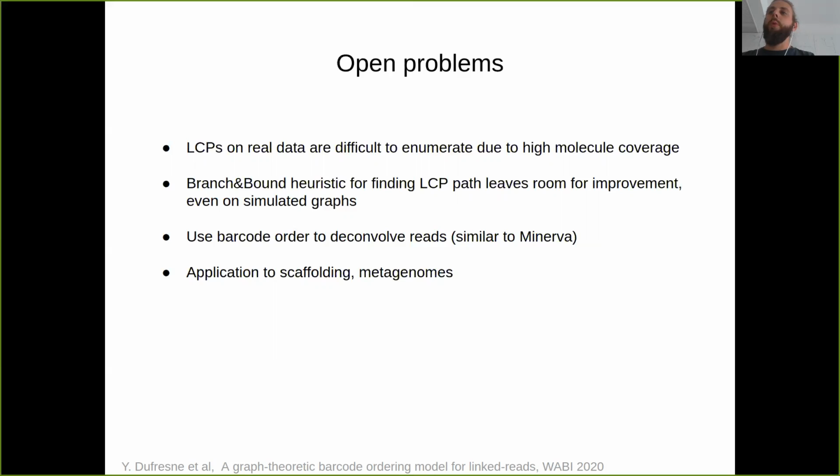And we want to use the technique that I just presented as a first step of deconvolution, because if we already know how many molecules are present in each barcode, we can give that to a clustering algorithm, and we can apply the second question on scaffolding for genomes and metagenomes.